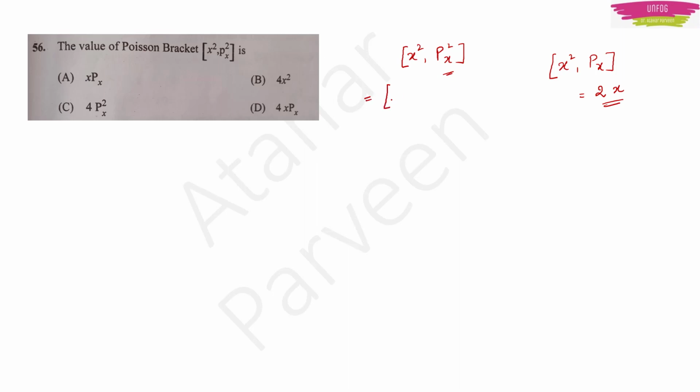So how you write is, first it operates itself. Px square will operate itself. So it will be 2 into px. That will come out. Now you use this formula again. Now again 2x into this 2px. This is this, and this is written as it is. So it will be 4x px. Option D will be the right answer.